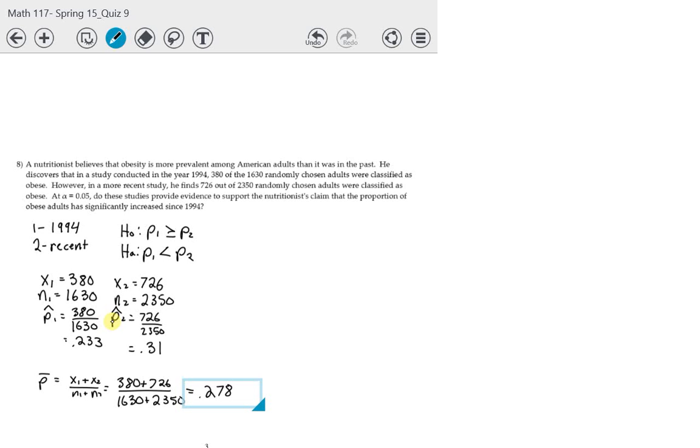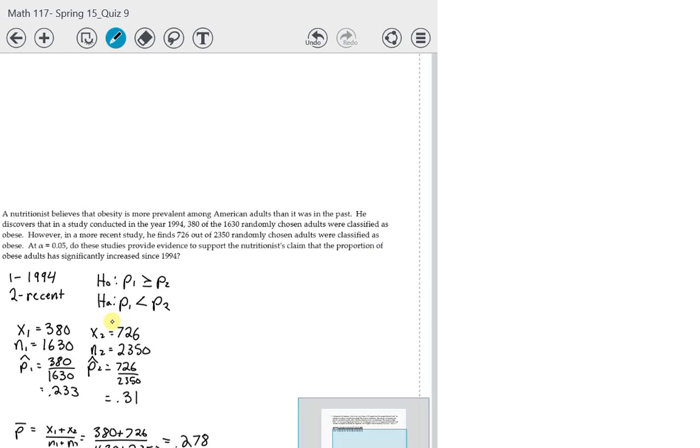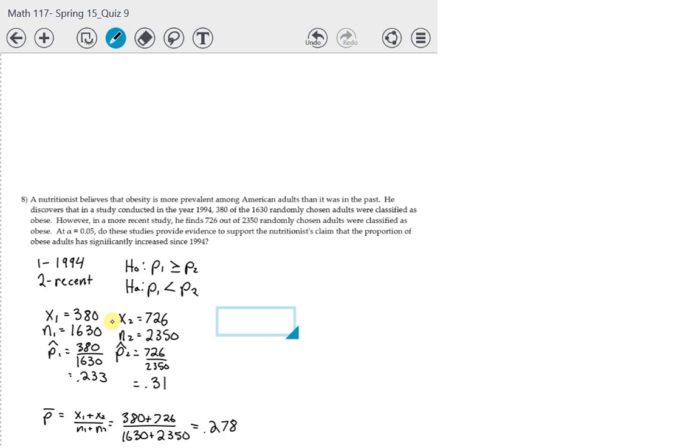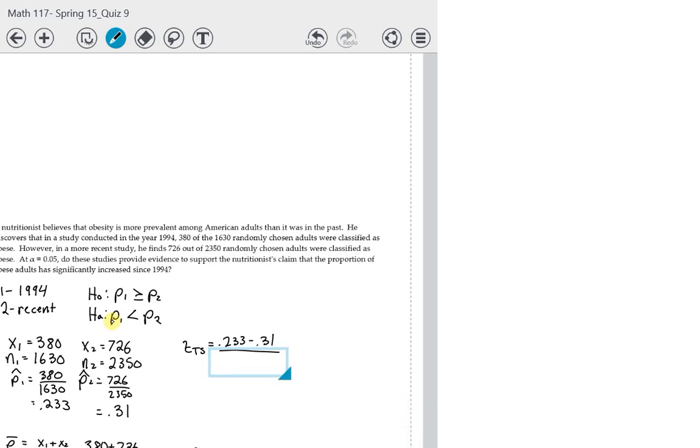Alright, then we're ready to calculate our test statistic. So the test statistic is up here. This is p hat 1 minus p hat 2, minus p1 minus p2, but that p1 minus p2 is 0 because we assume the equality in the null hypothesis. So p1 equals p2. So if you were to say minus p1 minus p2, then that would just equal 0. So we don't need to include it since it equals 0. Minusing 0 is nothing.